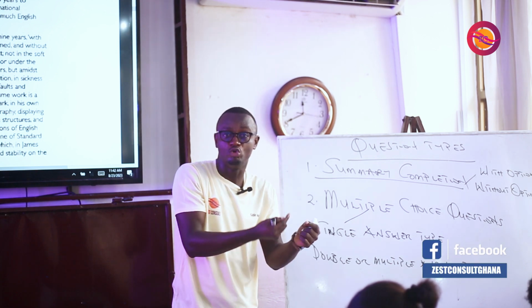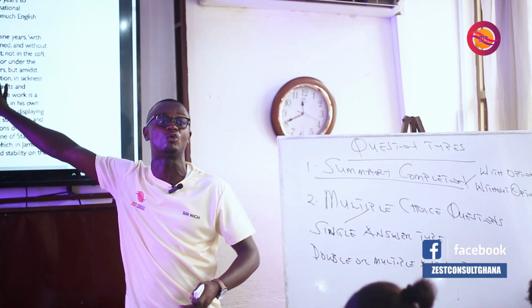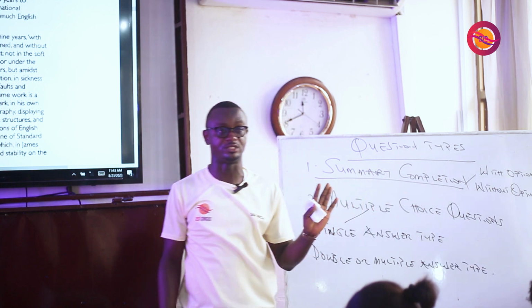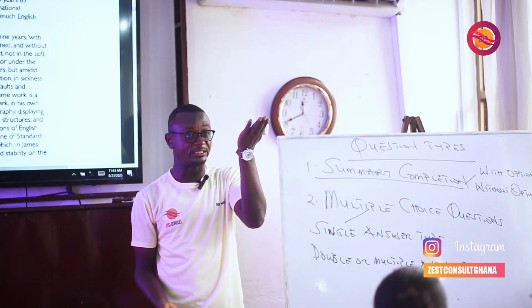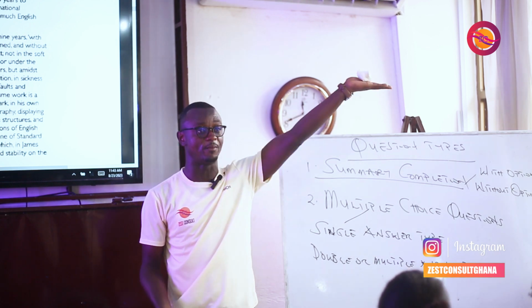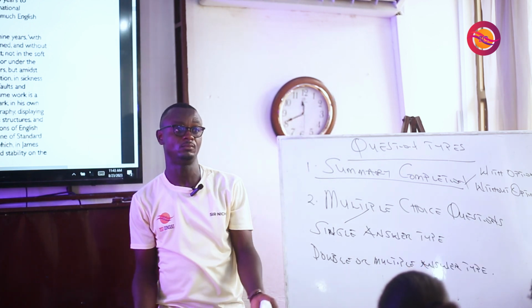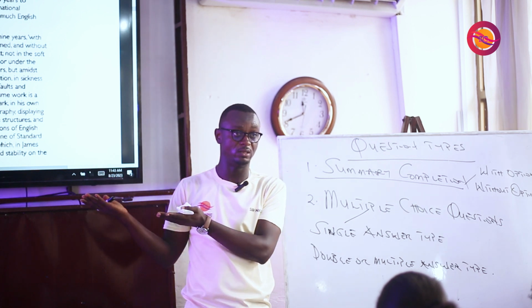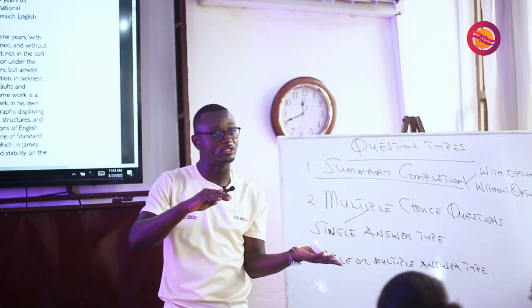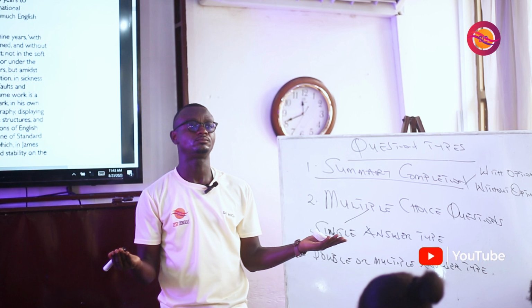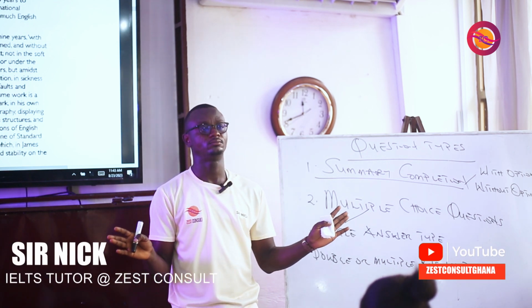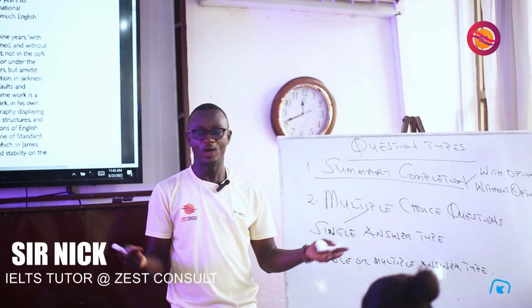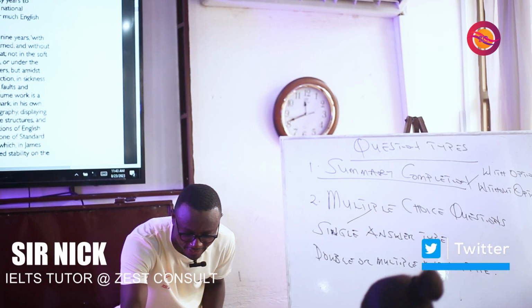When you get the answer, you don't write the answer directly as you do for the one without options. You only compare. Sometimes the word you obtain from the passage may be the same as in the list provided. In another breath, it can be paraphrased. That is the only difference. Are you clear? Okay.